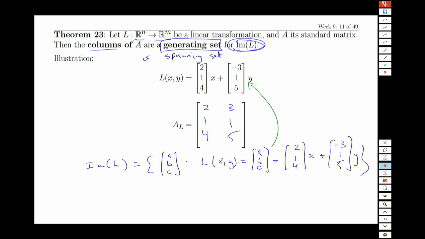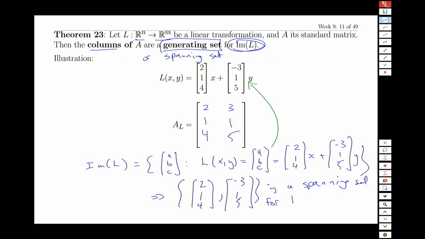What building block vectors will cover all of that set? Well, the two vectors I'm building out of. I can pick any x and any y, and I'm going to multiply them by these two vectors. That means that the set (2, 1, 4), (-3, 1, 5) is a spanning set for the image. We have lots of words going around here: spanning set for the image of L.